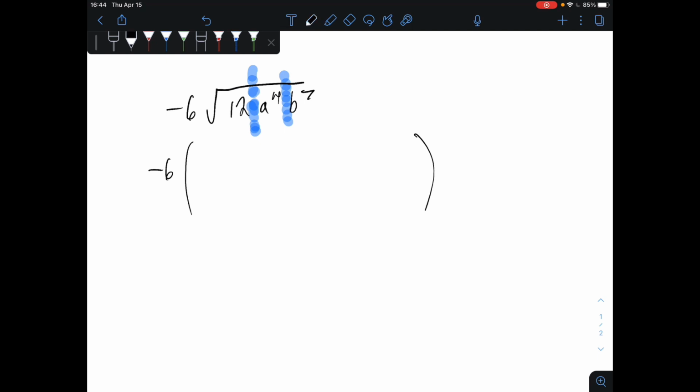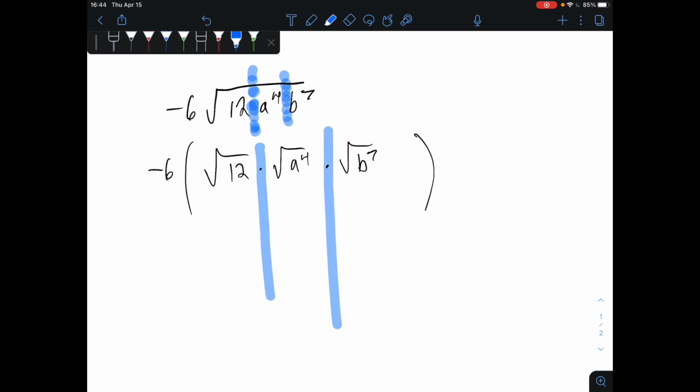So square root of 12 times square root of a to the 4th times square root of b to the 7th. If you're watching this video right now, I advise you to see if you can solve this on your own. Don't worry about this -6 out front, we'll get to that. But see if you can find the solutions to these in the middle.